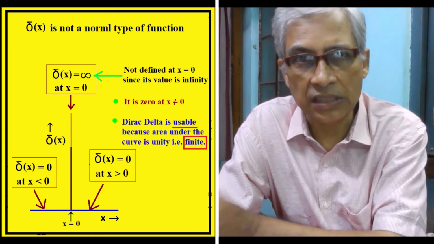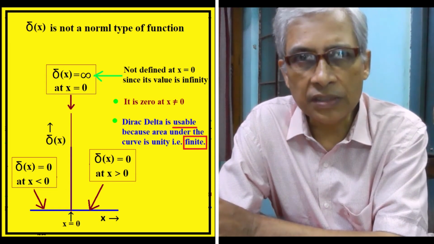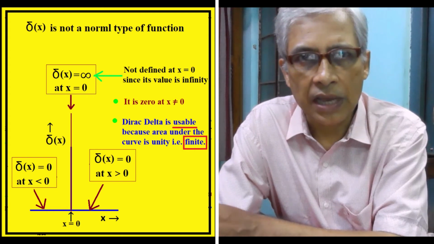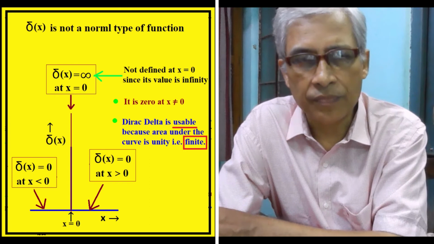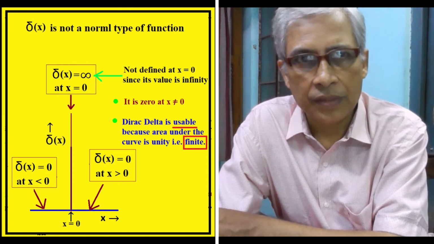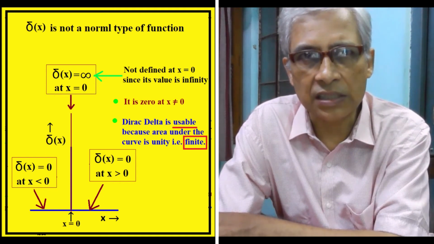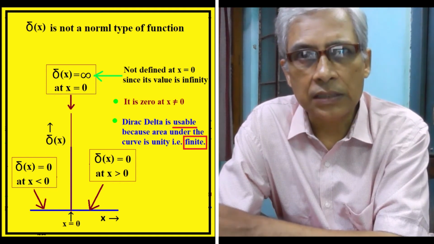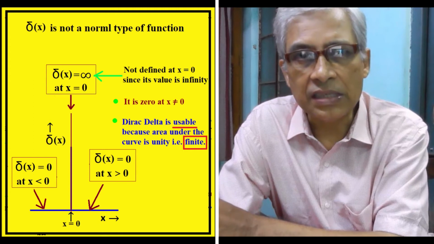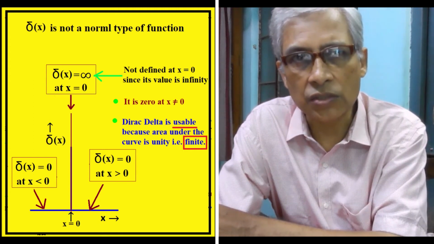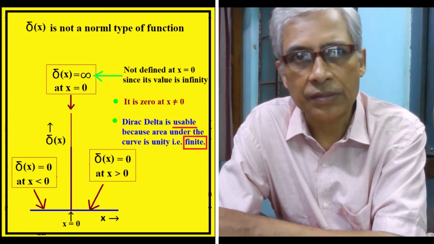And what is it? Whatever you do with the function, be sure to keep the area constant, and for convenience we chose it to unity. This is what we did. So if we integrate over the Dirac delta function, we get the total area, and it is a finite number, the constant we started with, that is unity.